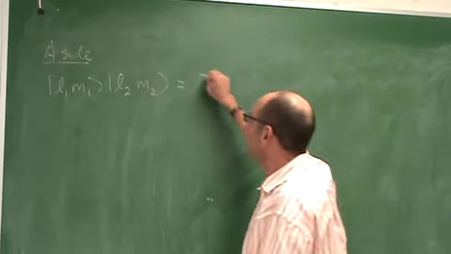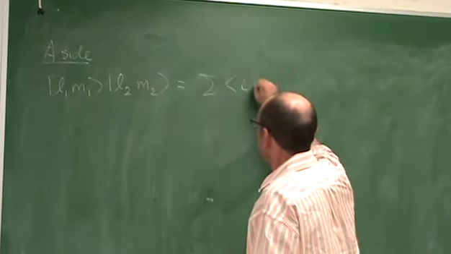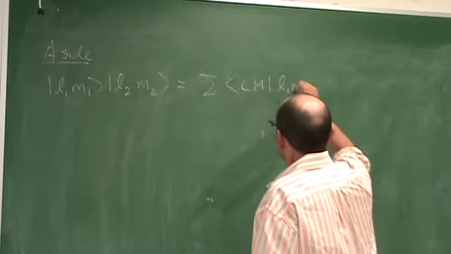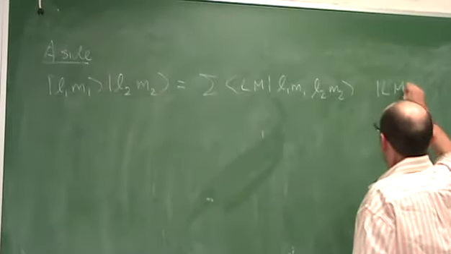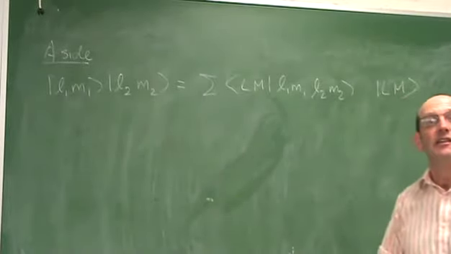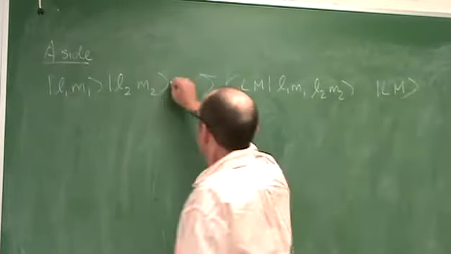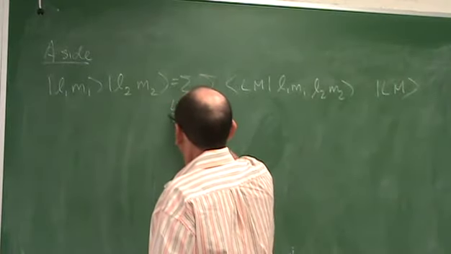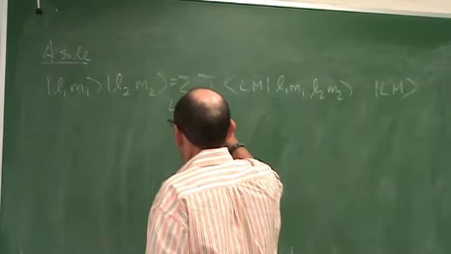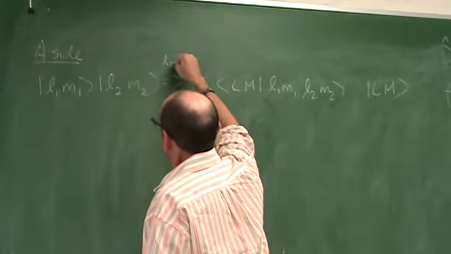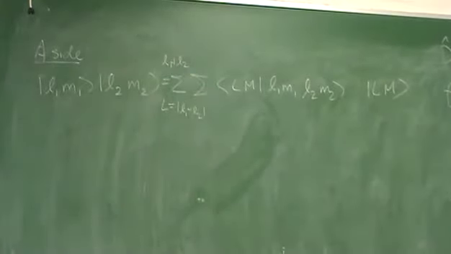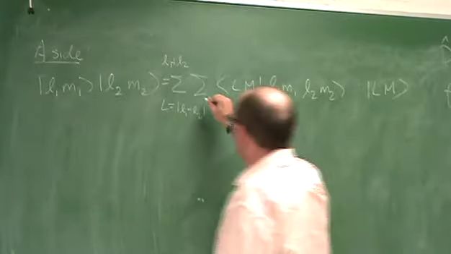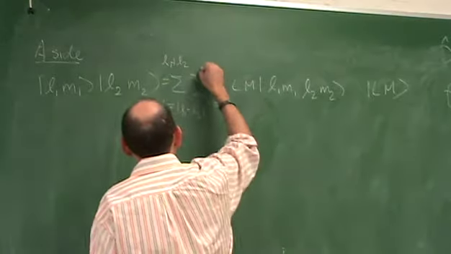And I can reuse the Clebsch-Gordan expansion to write this, where I have two sums here. L goes from L1 minus L2, whichever one's bigger, to L1 plus L2, and M goes from minus L to L.